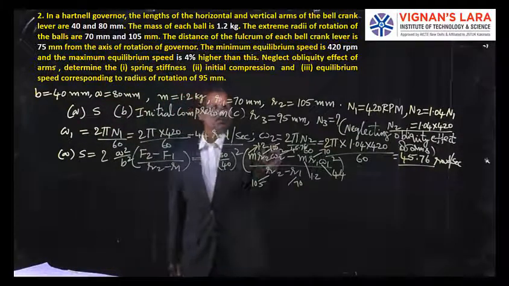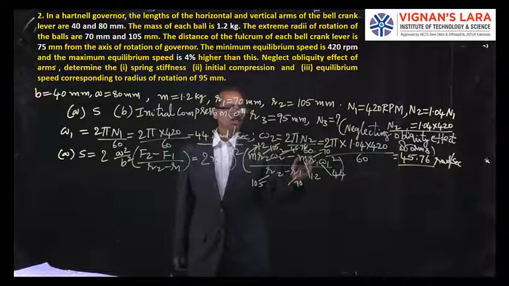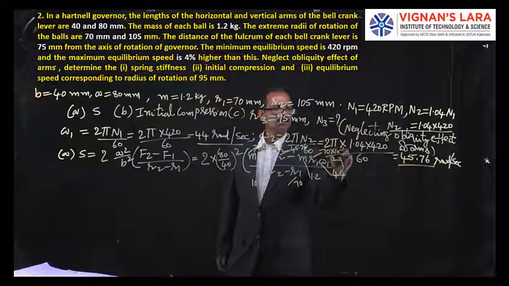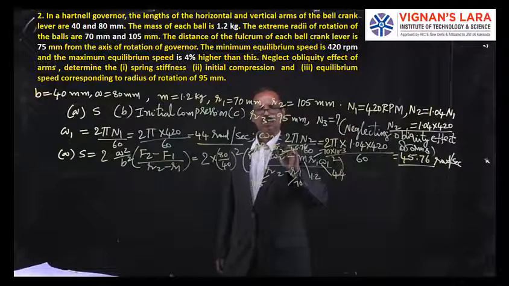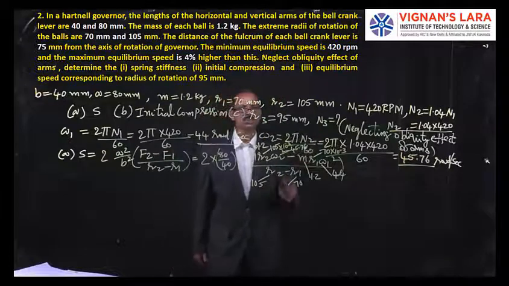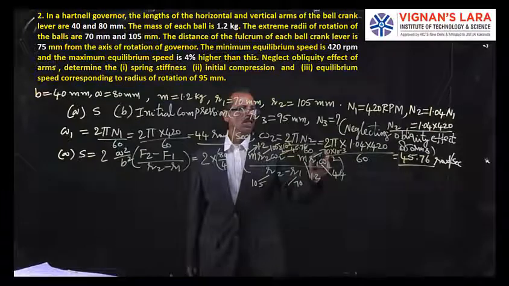Here I have to substitute R2 and R1 in meters so that I will get force in Newton: R2 105 into 10 power minus 3 and R1 70 into 10 power minus 3.